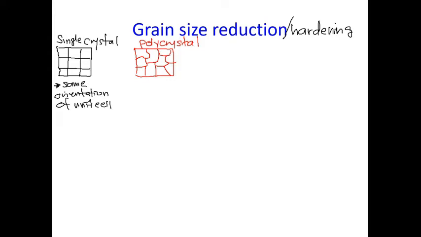While if you look at the polycrystals, of course the orientation of the unit cells is different. This is the real crystalline material, and the orientation of your unit cell is not rigid like the single crystal.